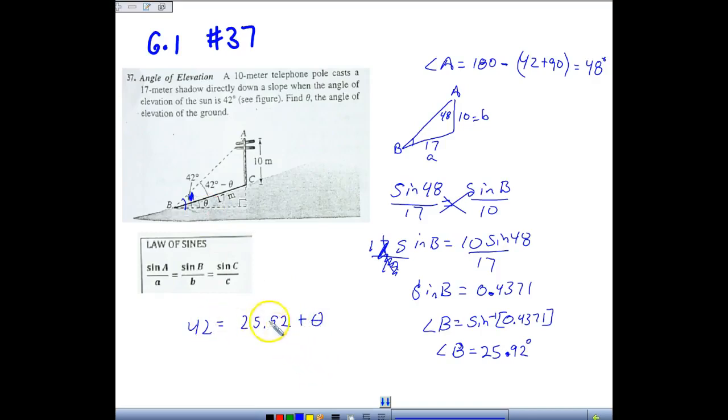With a little bit of algebra, theta is equal to 42 degrees minus 25.92, and by doing that subtraction, I get 16.08 degrees, and that is theta. That's what I was looking for. This is the angle of the hill, of the ground. And so that is it for that problem.